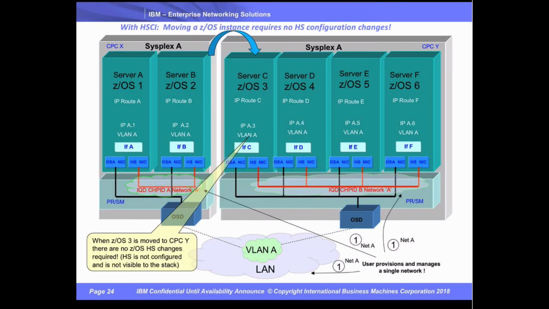And now on chart 24, I illustrate moving server C over to the other LPAR, or I'm sorry, the other CPC, and now there are no operational changes because you don't configure HiperSockets, so I don't stop and reconfigure my IP interface for HiperSockets. It's simply transparent, and I'm just connecting to A when I move over there.